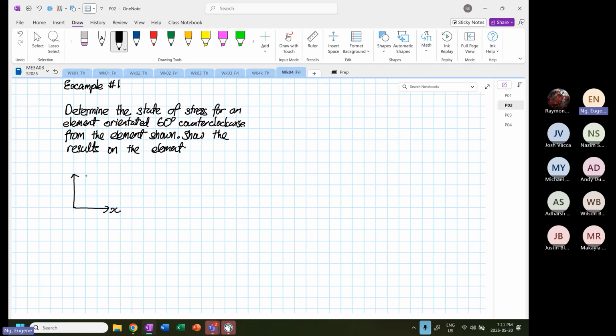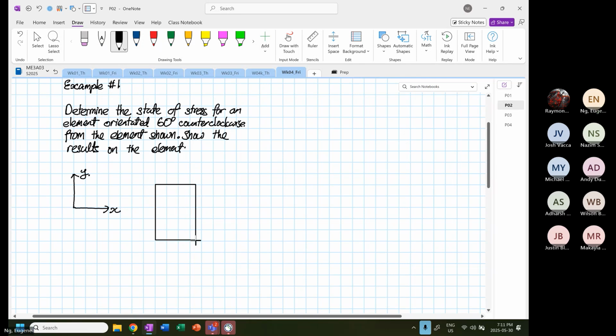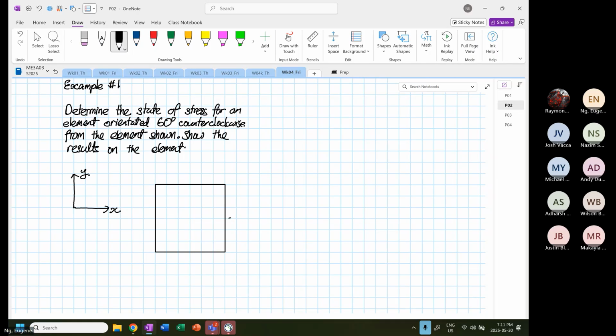So we have X, and we have Y, and our original element. Okay. So now it had 560 MPa, and then we have 250, and then now we have negative shear configuration.